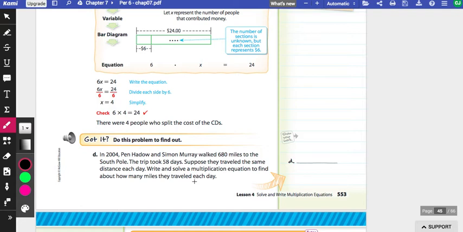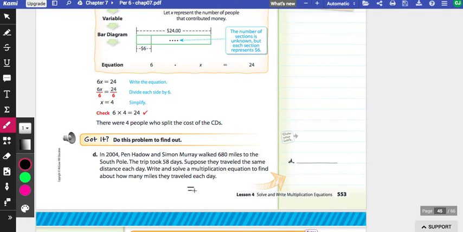There's a couple things that we need to know. The first thing is that their trip took a total of 58 days. Okay? And they walked a total of 680 miles. But how many miles did they walk in one day? That's what we're trying to find out.